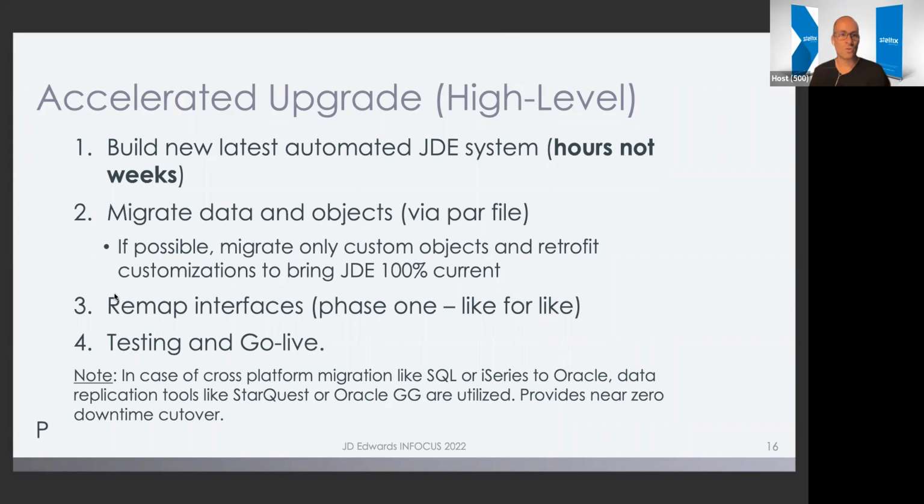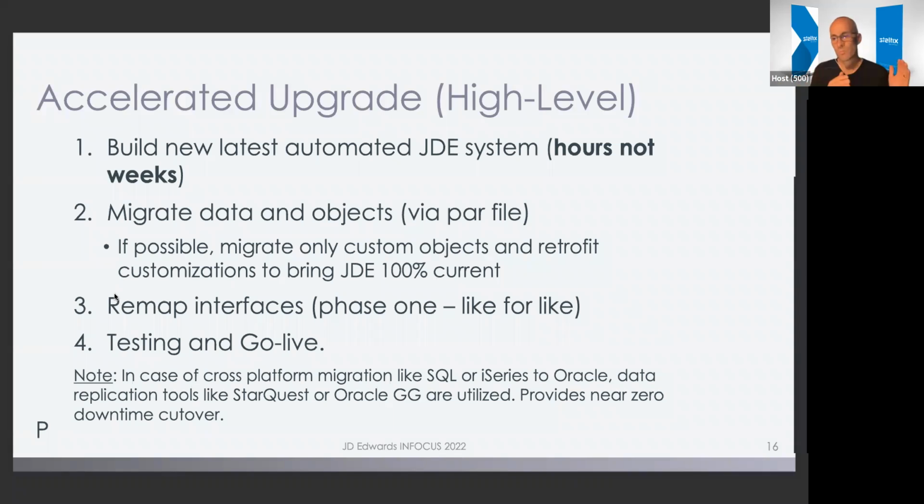We bring it into your new system that's now fully up to date, and then you can do the retrofit activities in that new system to integrate those customizations into that new environment, right? Which again cuts down on that traditional upgrade process and timeline.